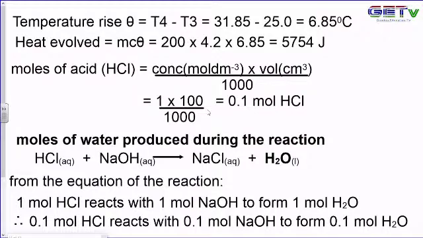Now we have HCl plus sodium hydroxide, which gave us sodium chloride plus water. From the equation of the reaction, 1 mole of HCl reacts with 1 mole of sodium hydroxide to form 1 mole of water. Therefore, 0.1 mole of HCl reacts with 0.1 mole of sodium hydroxide to form 0.1 mole of water.